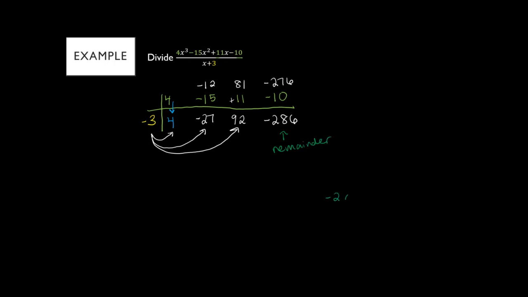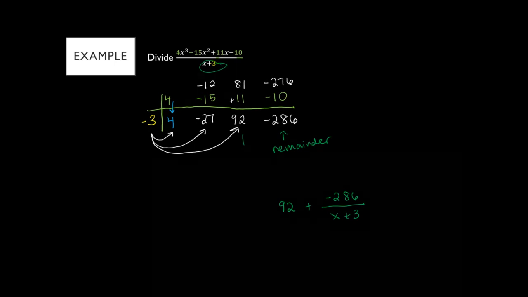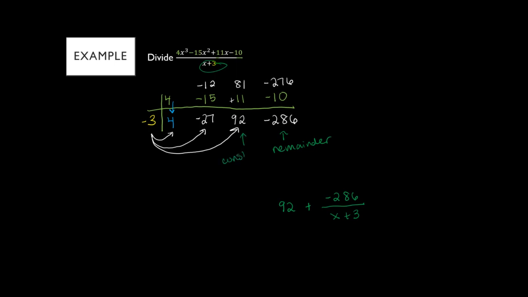So I know that I'm going to have a negative 286 over, since we're dividing with our fraction here, x plus 3. That's the denominator, x plus 3. And then I have my 92, which is the constant, so I can just put that right there. Then I continue writing from right to left.